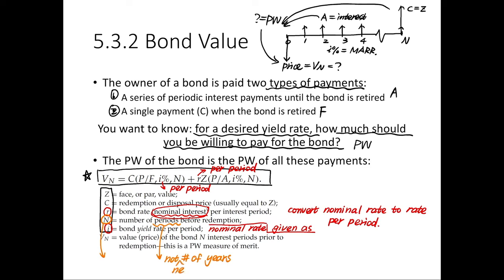So not necessarily. Did I spell it correct? Necessarily. So it's not necessarily the number of years. It could be the number of quarters or number of months.